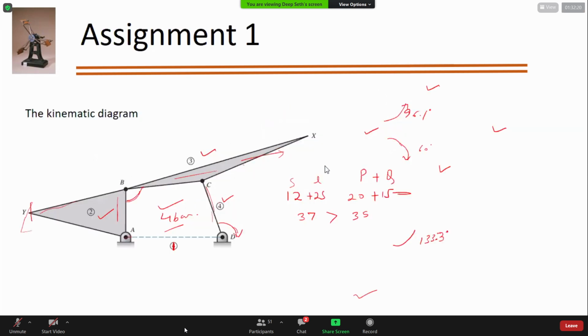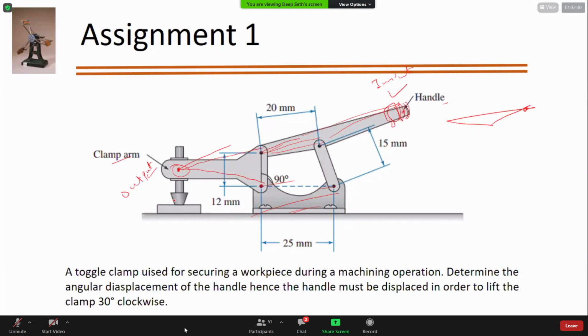You do some motion like this, some arc, and there you get output in the form of a translation motion. When you pull it, this part will go up and down, and when it goes up you attach the workpiece.